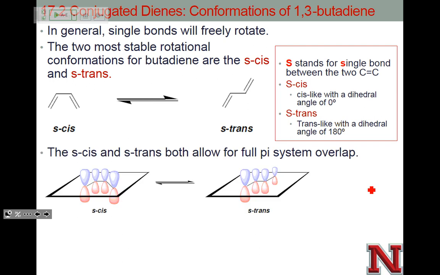The S-trans is a little bit more stable because, again, sterics, just like our normal trans is more stable because of sterics. But remember, the difference here is you cannot have a rotation between a cis and a trans double bond. You would actually have to break the double bond to move from cis to trans. But we do have free rotation, so this is just the terminology. At any given time, unless something else is keeping the double bond in the S-cis conformation, we typically have it in the S-trans.